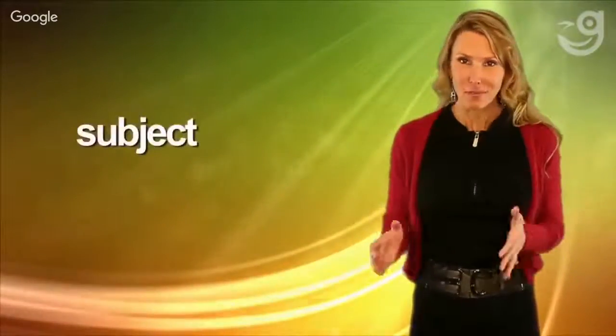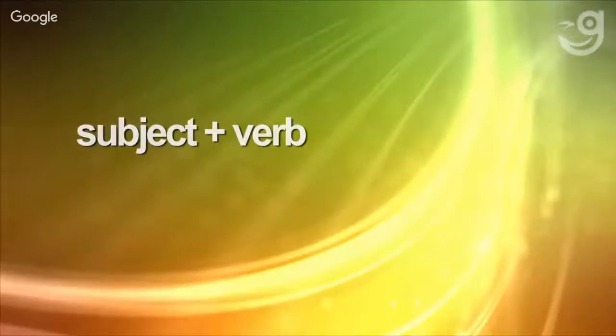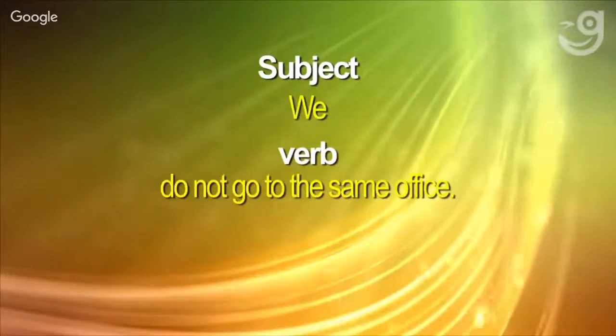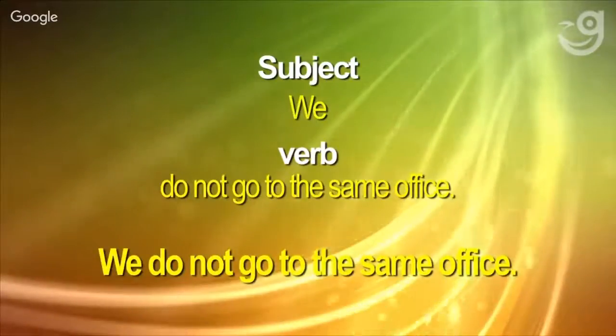Let's discuss the sentences for this lesson. Negative sentences follow one of the sentence patterns below. Subject plus verb. Subject, we. Verb, do not go to the same office. We do not go to the same office.